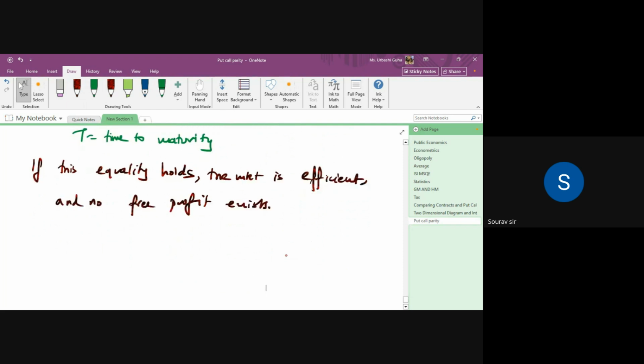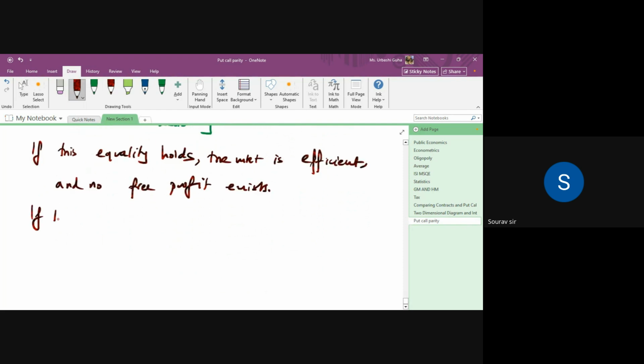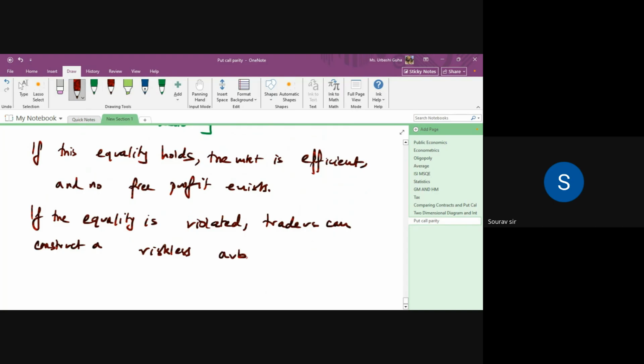And if the equality is violated, traders can construct a riskless arbitrage strategy.